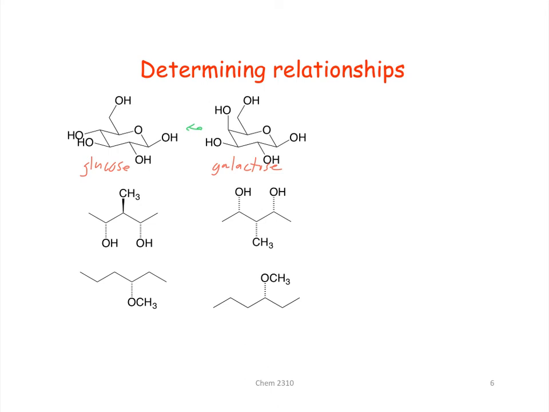Okay, so as we look through the molecules and compare them atom to atom, so look at this position. Chiral centers, same, same. This one OH down, same. This one, same. Oh, look, this one center is different. This one's the same. We have multiple chiral centers, but we have some that are the same, and one that's different. So these are diastereomers.